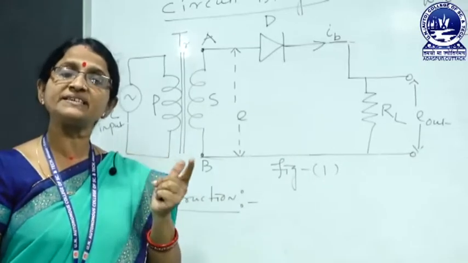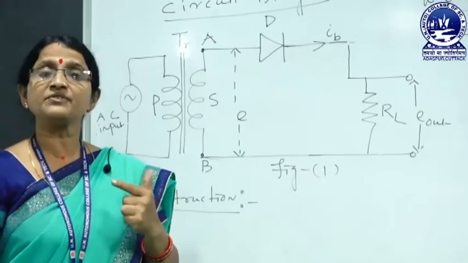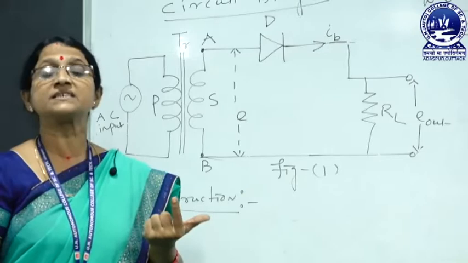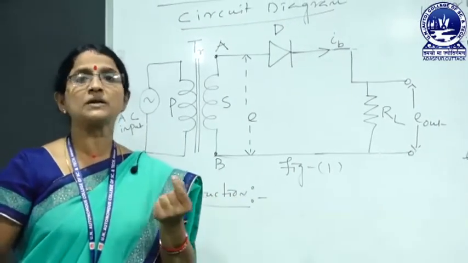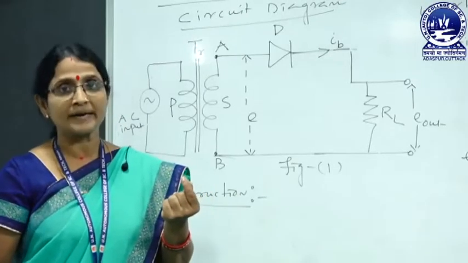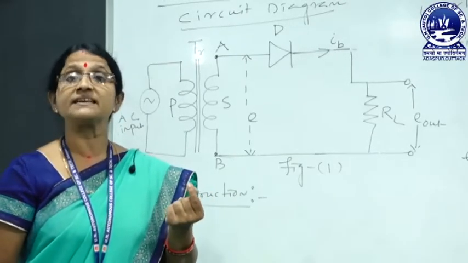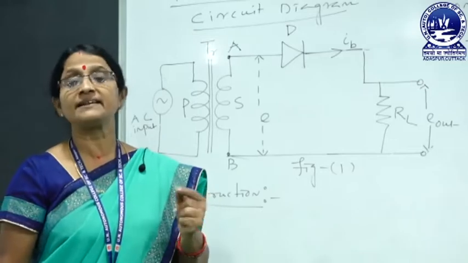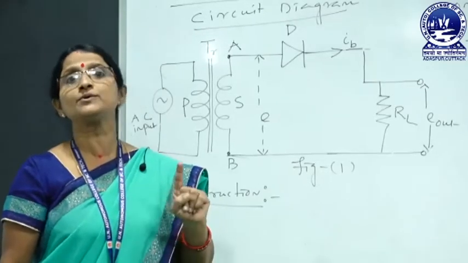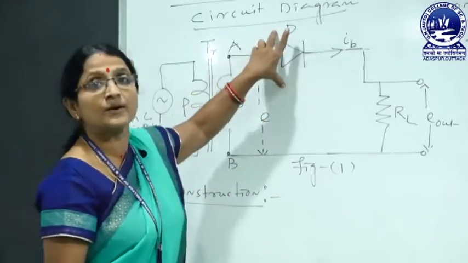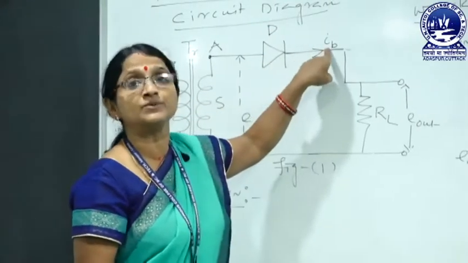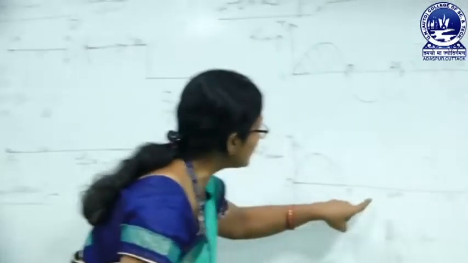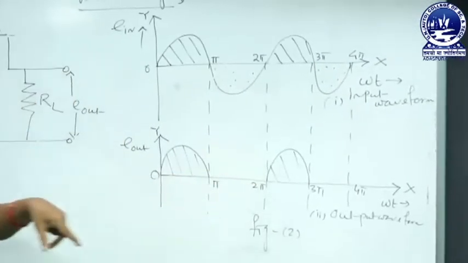We know the definition of reverse biased: if the external voltage is applied in such a way that the potential barrier becomes wider, a very small current flows due to the minority carriers, but that current is negligible. So in reverse bias, no current flows. In that case, in the diode D no current flows, that means IB equals 0, so there is no waveform during the negative half cycle.